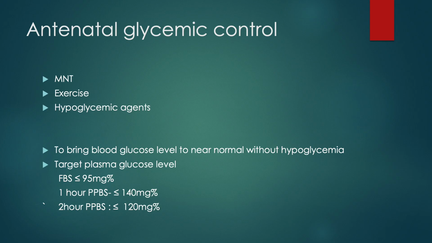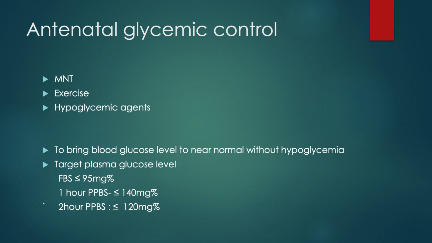Coming to antenatal glycemic control, the primary line of management is diet control and exercise. Diet control is properly known as medical nutrition therapy. If the target glycemic level is not achieved, then we go for the second line, which is adding hypoglycemic drugs along with exercise and diet.